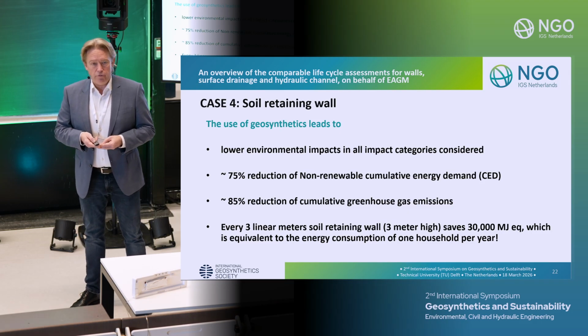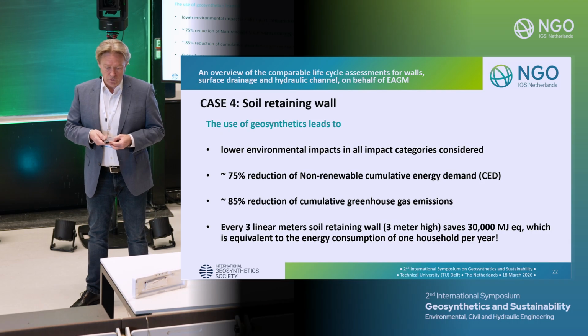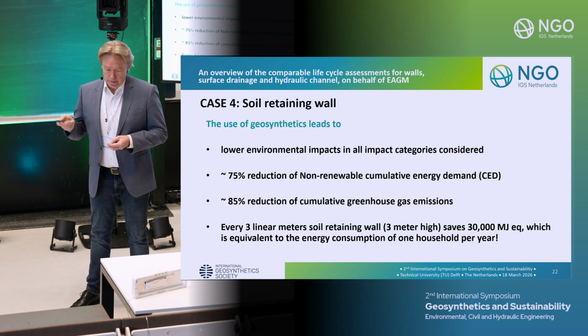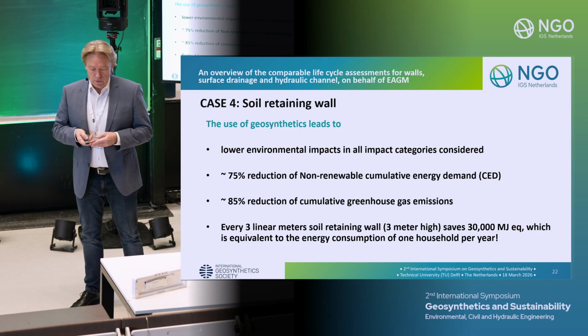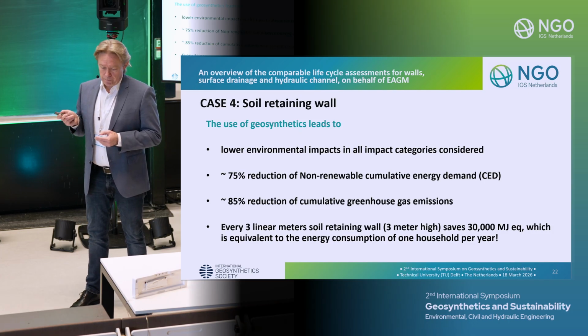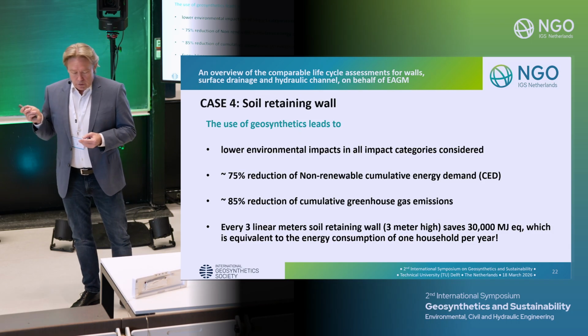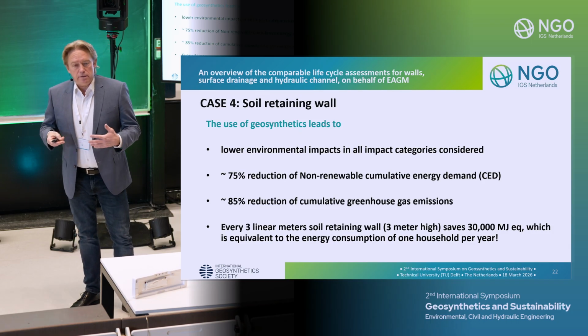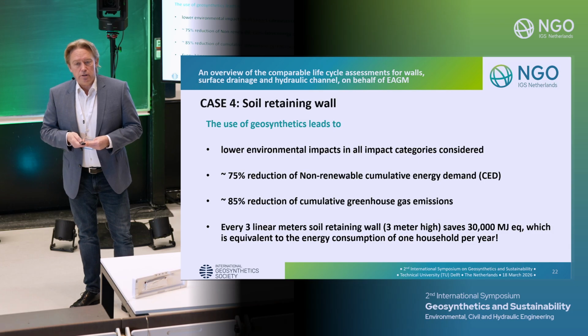Similar to that, we had an 85% reduction of CO2 emissions. For example, this means if I have a 3 meter height, 3 meter length wall, this reduction of accumulated energy demand is similar to what one household needs in energy per year, to make it a little bit practical.